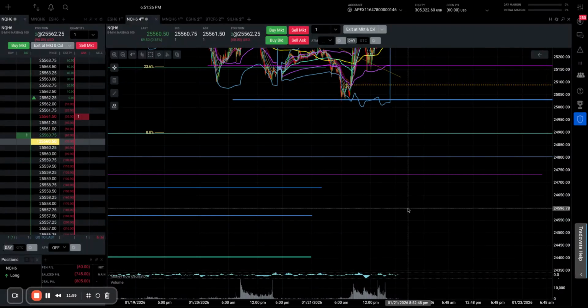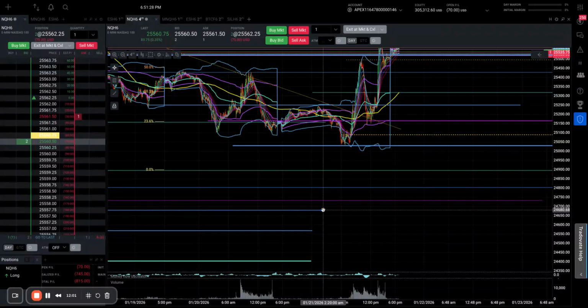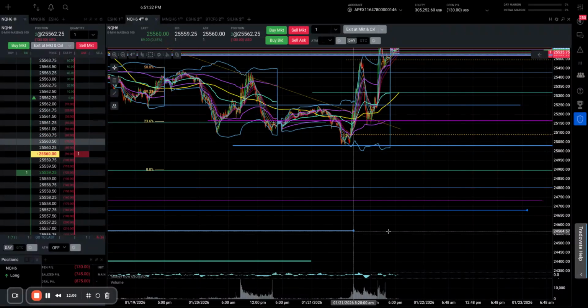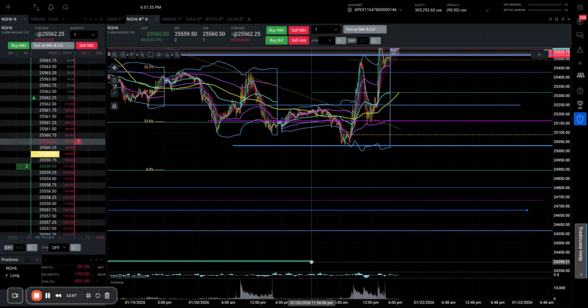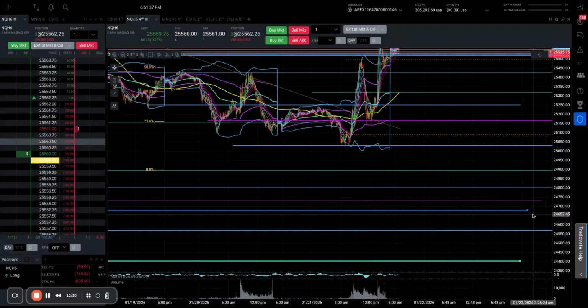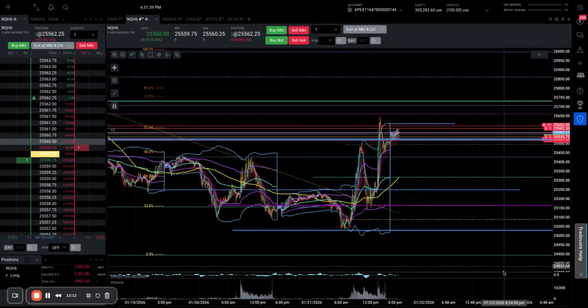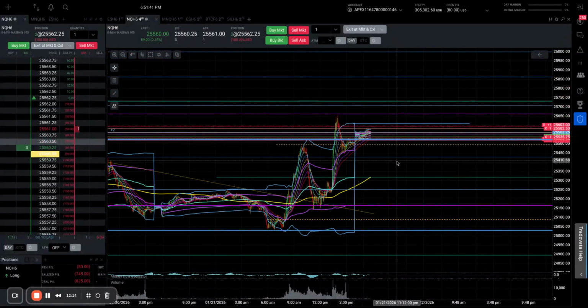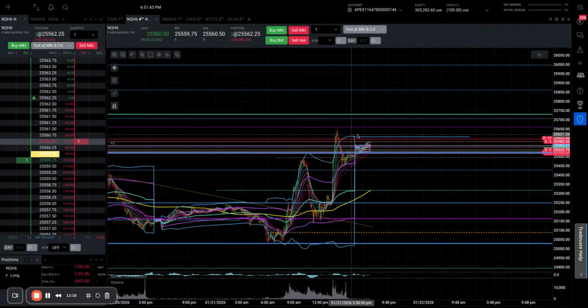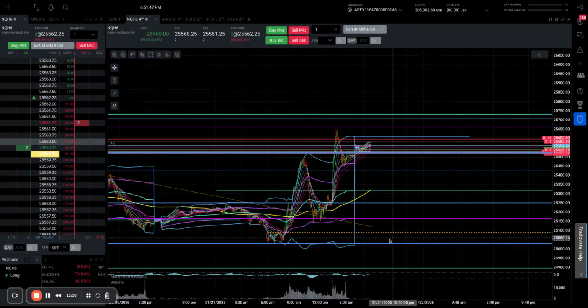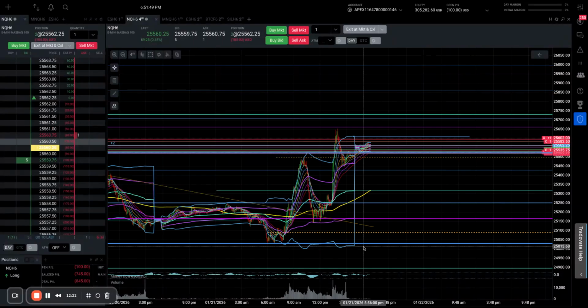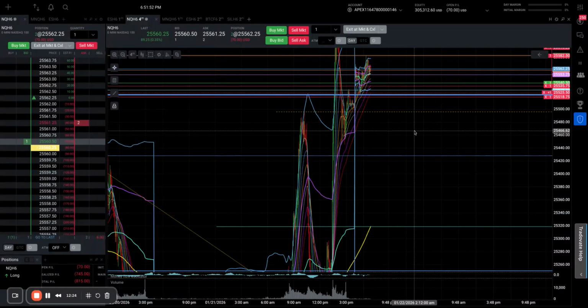I'm saying range day, but you never know. That's why you mark out your key levels, your points of interest, so you know what price could potentially do for tomorrow when you're trading. So, sell high, guys, buy low. Sell high, buy low. That is going to be the strategy.